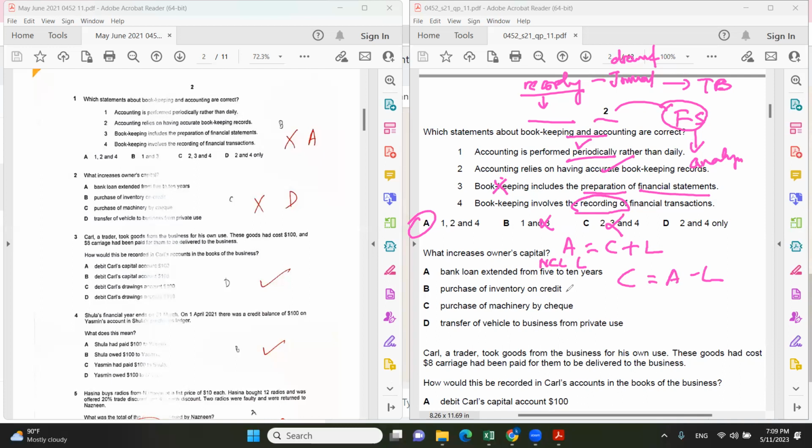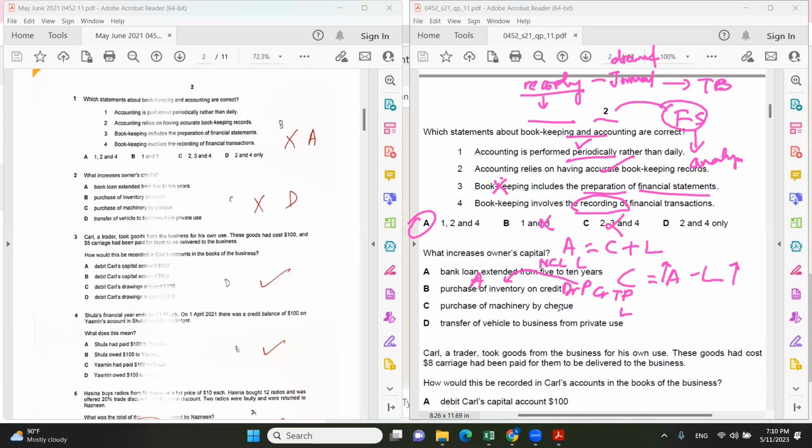Purchase of inventory on credit means I'm going to debit purchases, credit trade payable. These purchases will go to inventory because you keep the stock in the warehouse, which is under assets, whereas this is under liabilities. So here increases, here also increases. There is no effect on the capital.